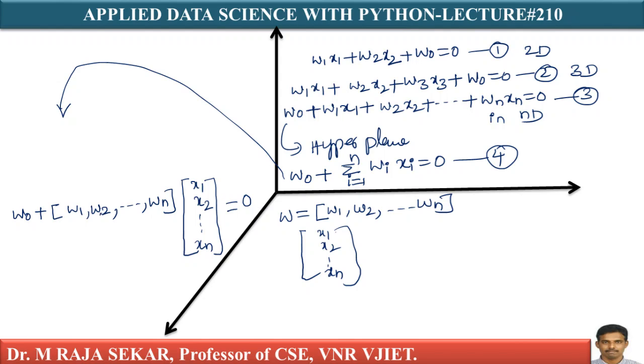This is nothing but a vector notation. I can say this particular notation is vector notation. And this fourth one, which type of notation is it?